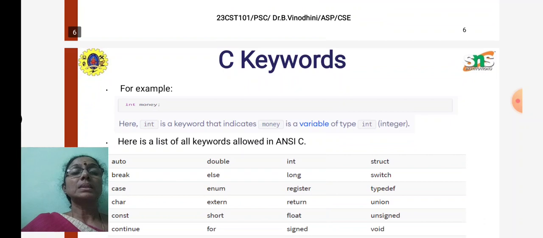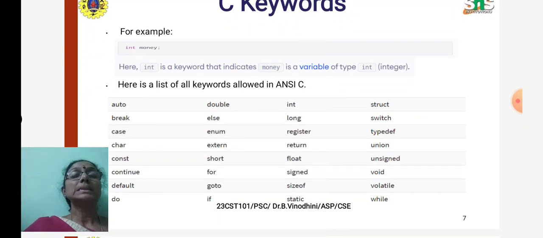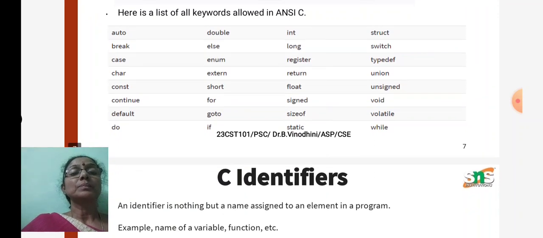In this slide we have a list of all the keywords allowed in ANSI C, for example break, case, char, double, all the data types, and if, else, long, int, float. So we have several types of keywords in C, and they cannot be used as variable or constant names.